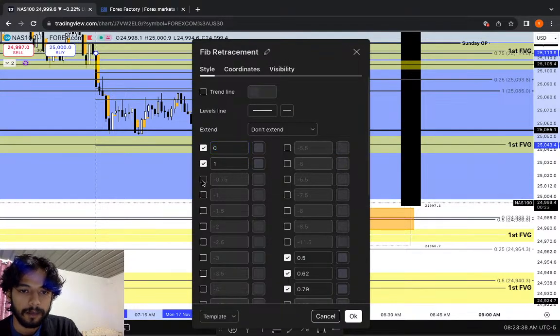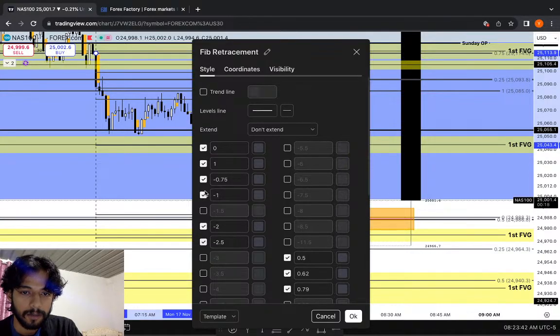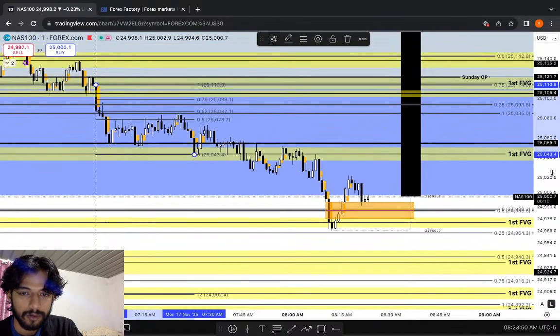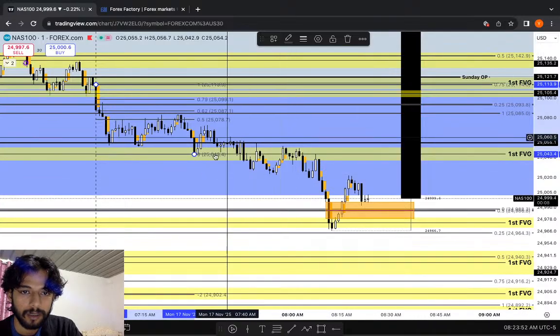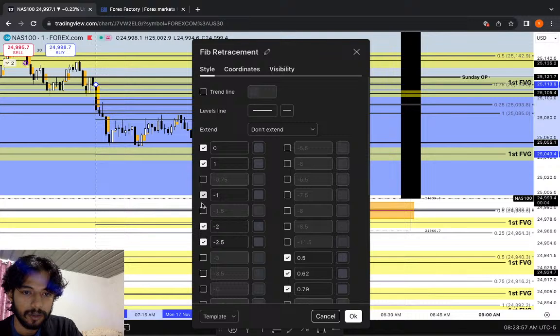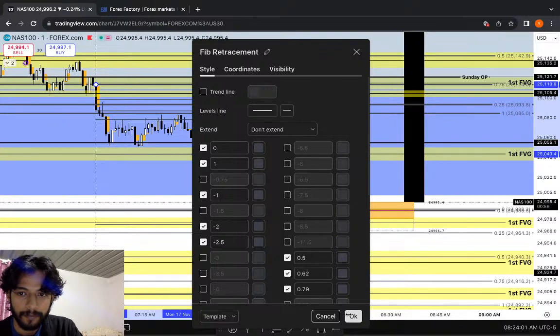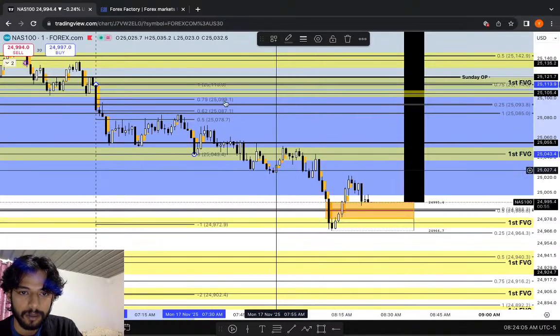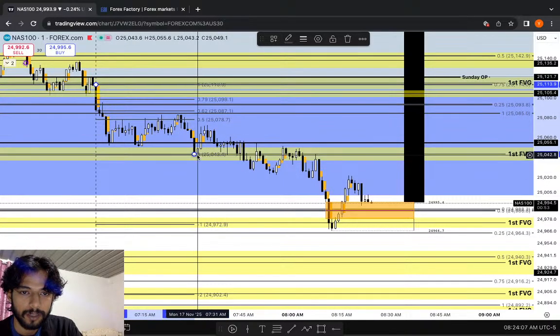Now let me mark the extensions out. 2 and 2.5 are down there, and let's see what we have right here. It's 1 or 1.5. 1. So we moved around 1 standard deviation away from this opening range.